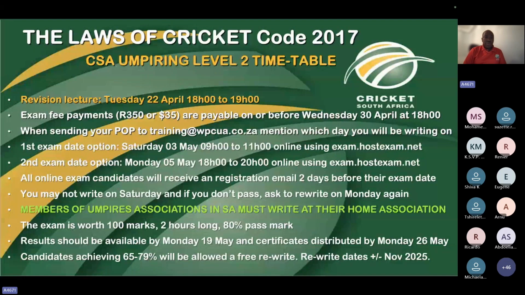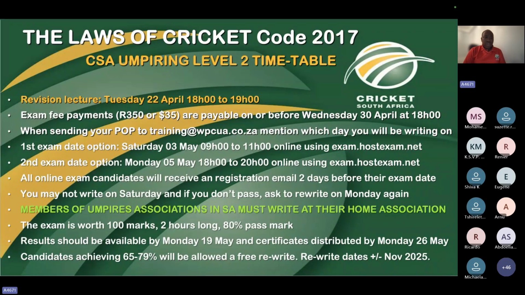For those of you who are Western Province Cricket Umpires Association umpires writing at Newlands, please, it is free for you to write as members of WPCUA, but you need to make mention by email to training@wpcua.co.za which date you will be writing.